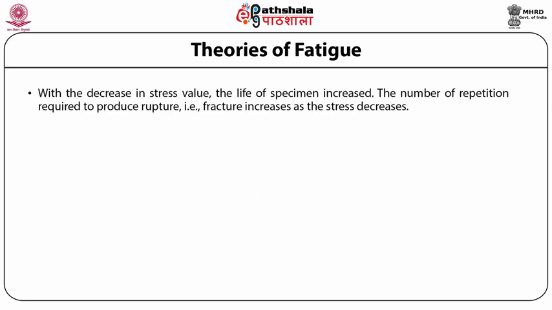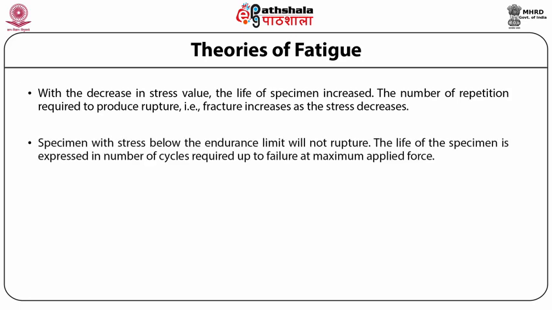With the decrease in stress value, the life of the specimen increases. The number of repetitions required to produce rupture, that is, fracture, increases as the stress decreases. A specimen with stress below the endurance limit will not rupture.